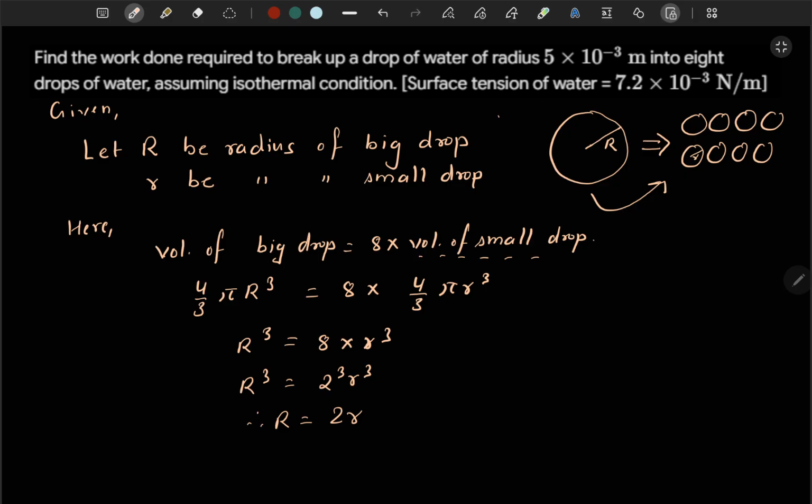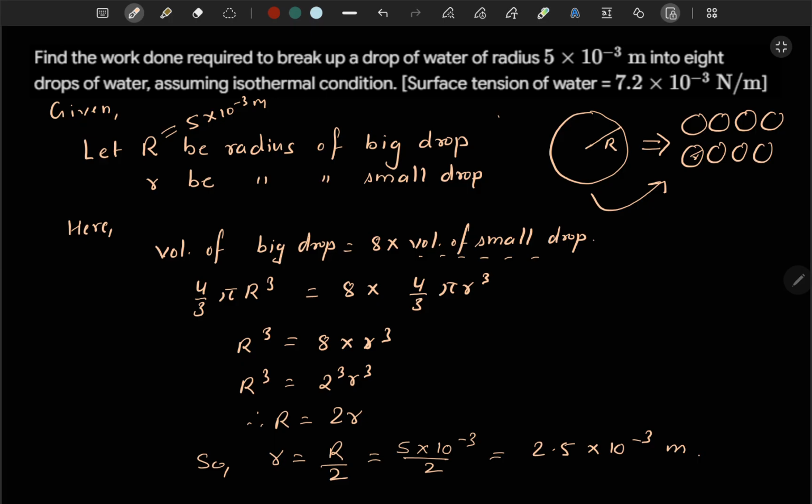The radius of the big drop is given as 5 into 10 power minus 3 meter. So small r will be equal to capital R by 2, which is 5 into 10 power minus 3 by 2. This is equal to 2.5 into 10 power minus 3 meter.